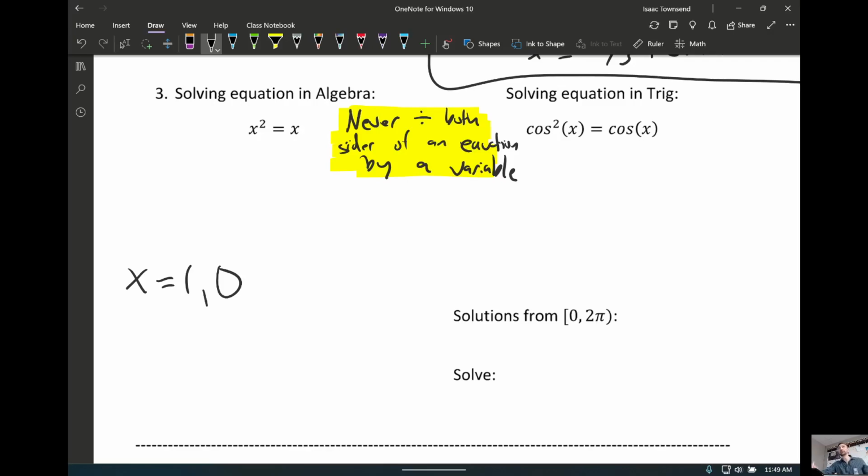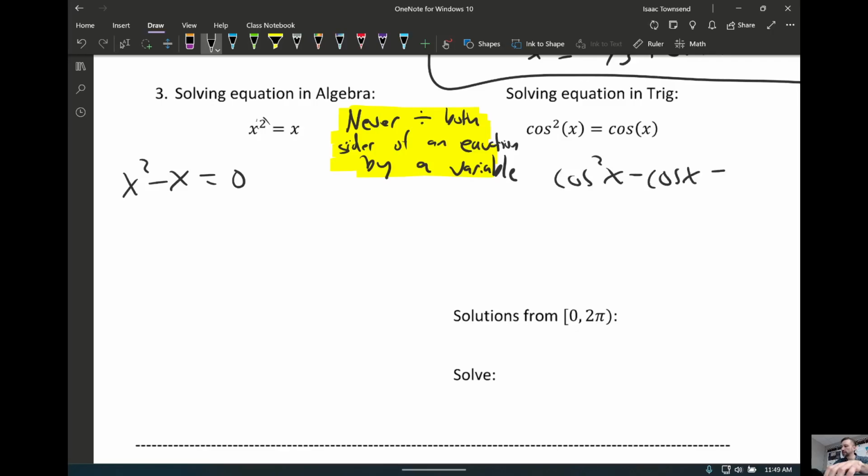Okay, of course, most of the time equations are too complex that you don't want to guess and check in your head. So what you should do is don't divide both sides by x, because you lose an answer. You should do the exact same thing I said in question 2. If it's a quadratic, bless you, move everything on one side set equal to 0. If it's a quadratic, you should try to factor it.